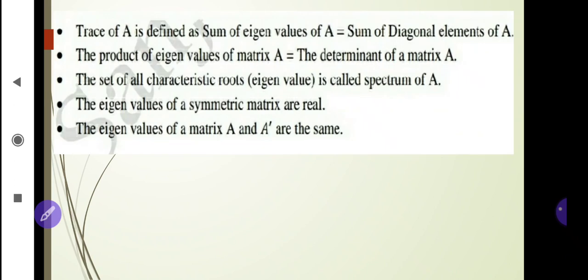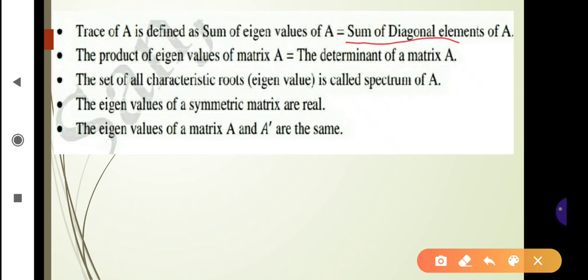Then the next property: trace of A is defined as the sum of eigenvalues of A, or the sum of diagonal elements of A. So trace of A equals lambda 1 plus lambda 2 plus and so on.